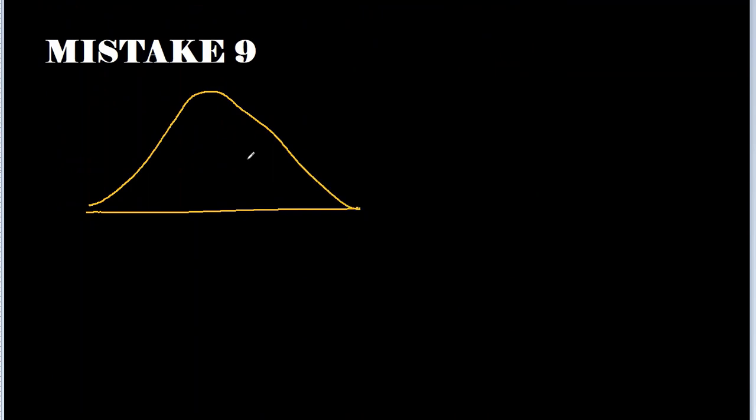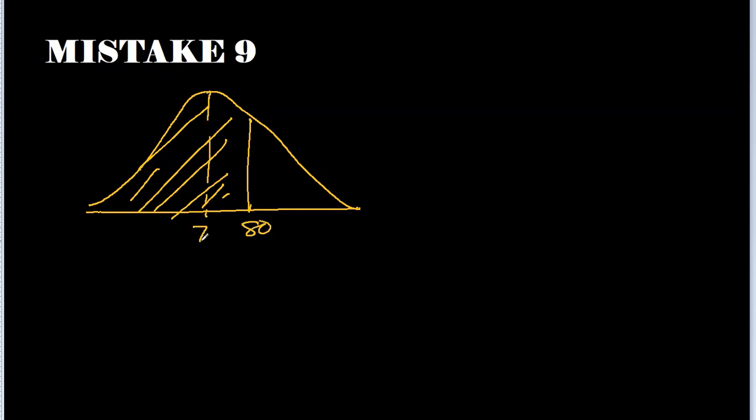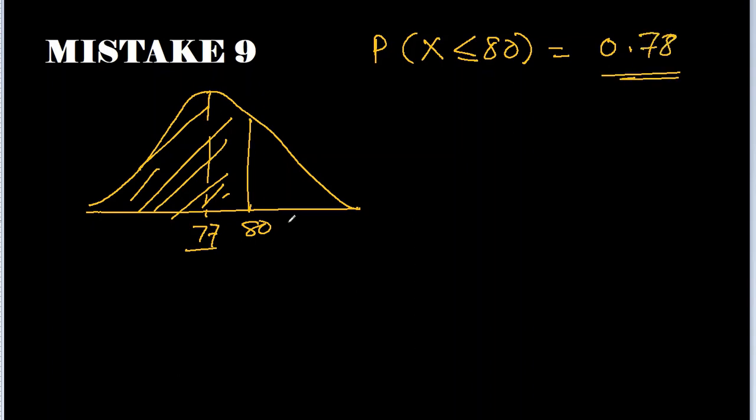Mistake number 9 is also about normal distribution. Sometimes in the question, they say, let's say, this is 80, and the mean is 77. So they will say the probability that x is less than or equal to 80 is 0.78, right?